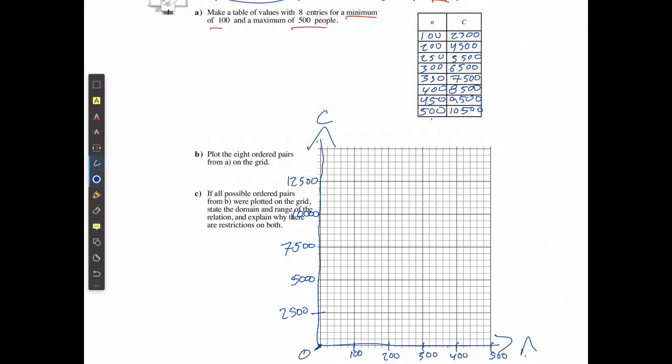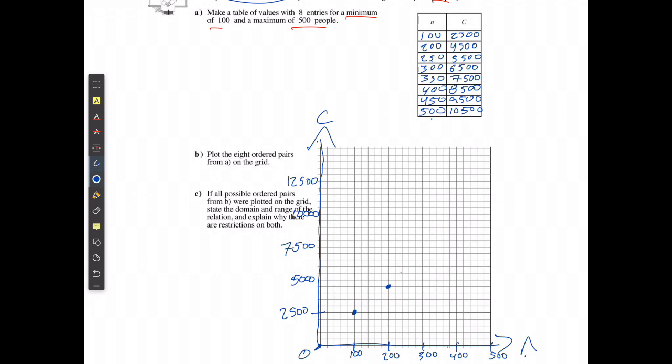I'm going to graph it out, and it says that it starts at 100 and 2,500. Well, there's my point right there. The next point I picked was 200, and at 200, it said that's going to be 4,500. There's my point. I'm going to skip ahead. I could do the 250, but it's going to be in between 2 points. So let's go to the 300 where I can use the clear lines and do 300 and 6,500.